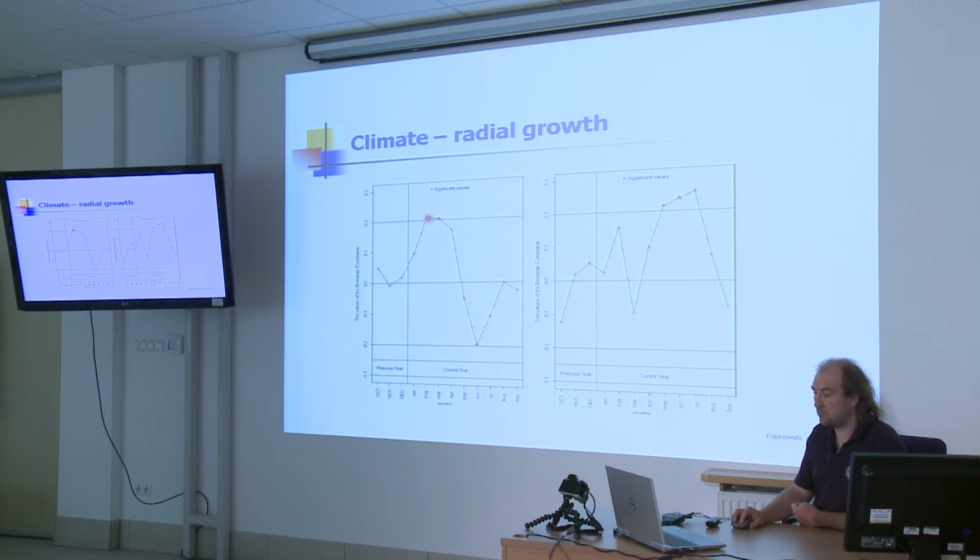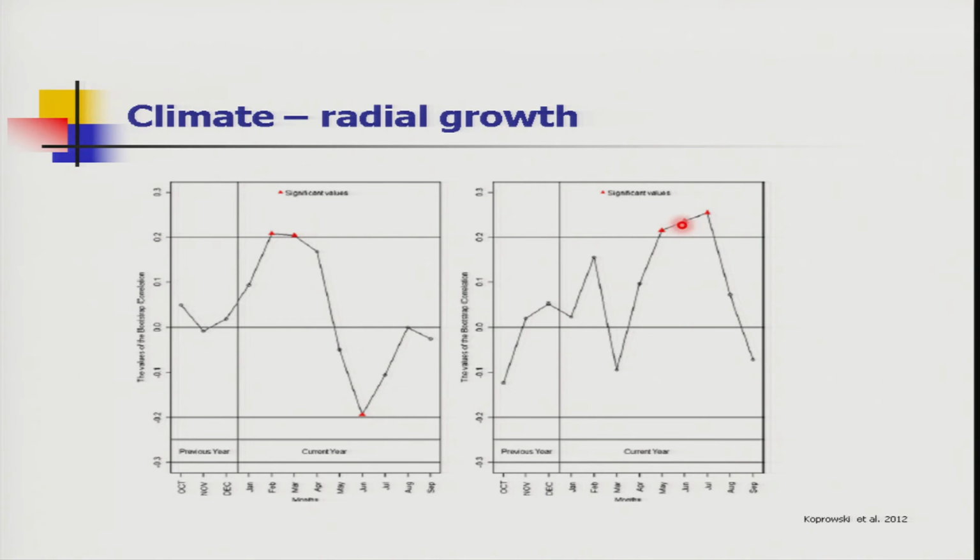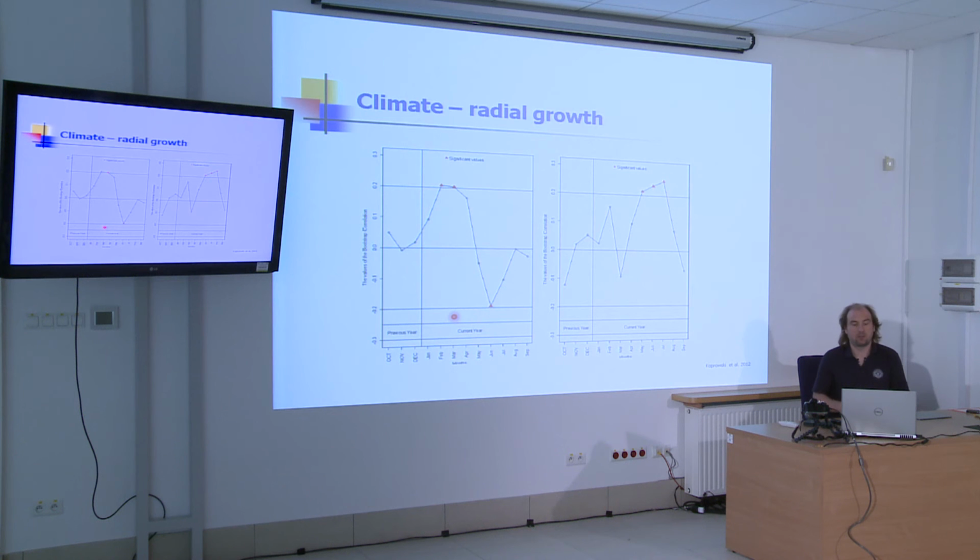Those red triangles indicate significant coefficients, and if we look closer, we see that temperature of February and March of the current year, means the year in which particular tree ring was developed.